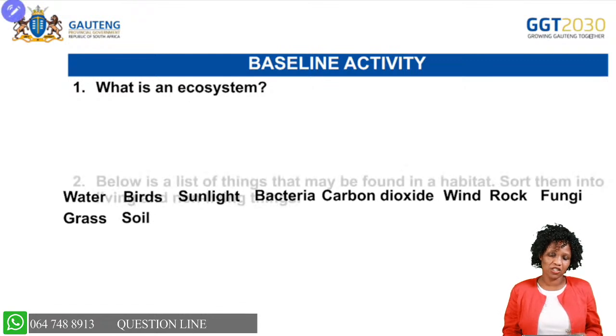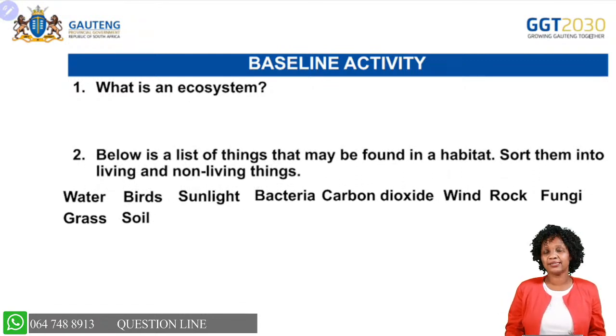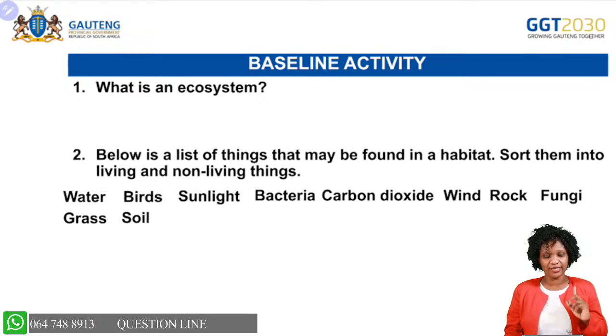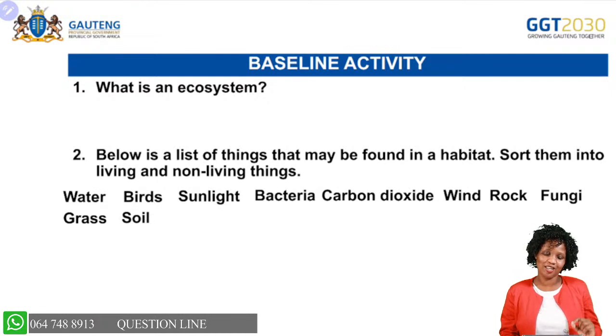All right. And then we've got a baseline activity. Our baseline activity, question number 1 says, what is an ecosystem? Then question number 2, below is a list of things that may be found in a habitat. Sort them into living and non-living things.